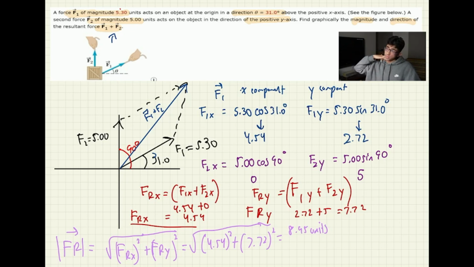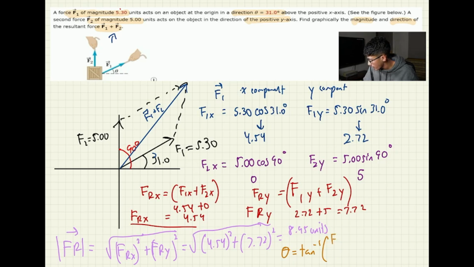Okay, this is the resultant, and now we just need to find the angle of it. It's really easy, you just use this equation: the angle is equal to tan^-1 of F(r)y over F(r)x.